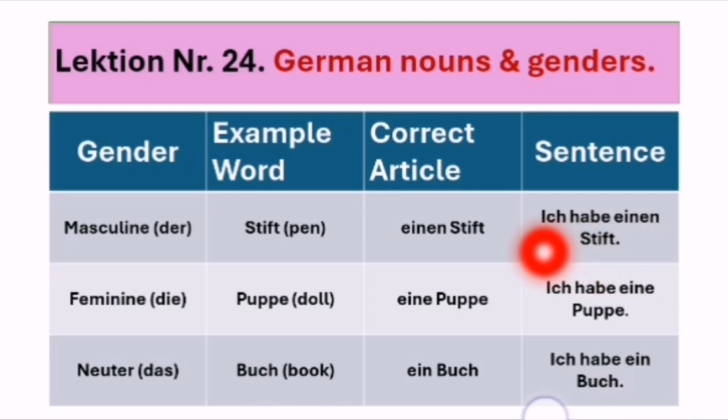Here we can see ich habe einen Stift, but here we say ich habe ein Buch. The difference is between the articles. Here we have used einen and here we used ein. This is all because there is gender difference.